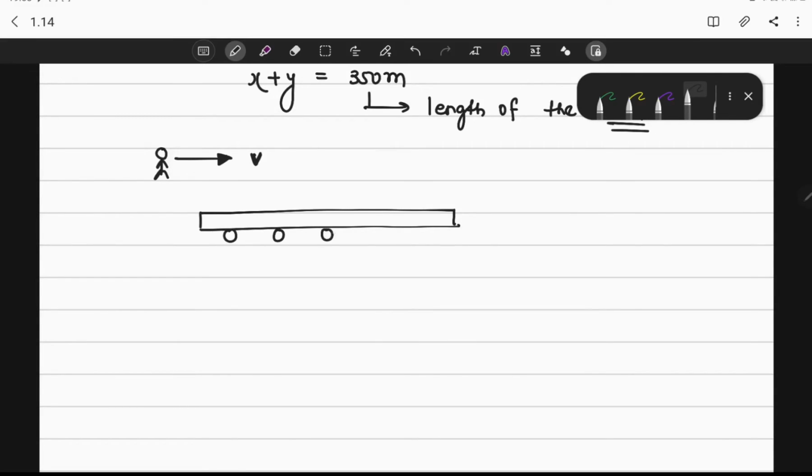It is starting. So the initial velocity u is equal to 0, and acceleration we know w is equal to 3 into 10 to the power minus 2 meter per second square, and this particular location we know x is equal to 0, and this particular location is x is equal to 350 meter, and this is the condition at t is equal to 0.